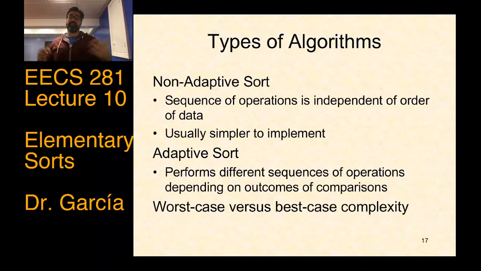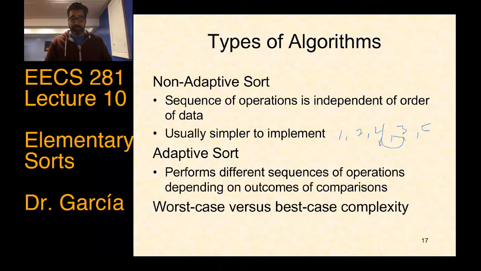Later on, we're going to have a precise definition of what we mean by almost sorted. But imagine some array that has the values 1, 2, 4, 3, 5. That is almost sorted. All I would need to do is swap these two values to get a sorted output.